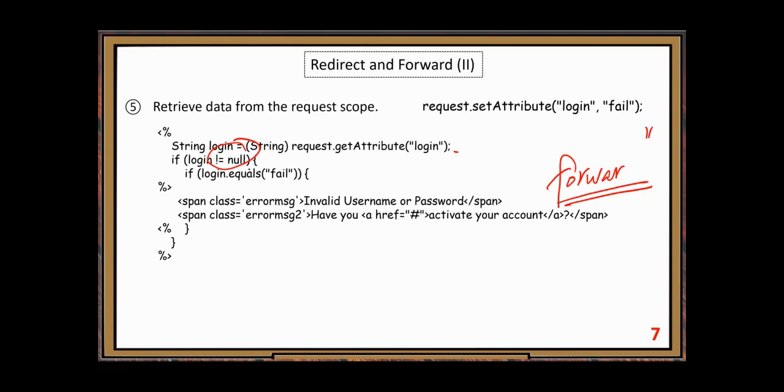After the checking step, you can check its value, for example, whether it equals "fail" or not, so you can do that comparison. Otherwise, think about what happens if you do not do the checking: logging is a null object, and you cannot call any of its methods.